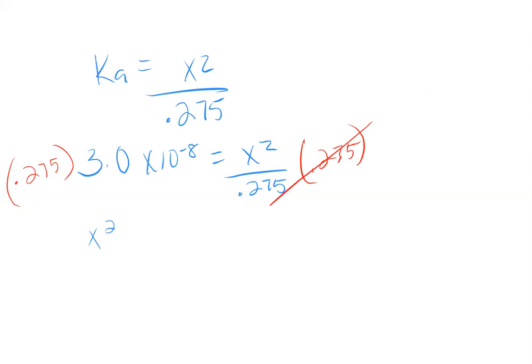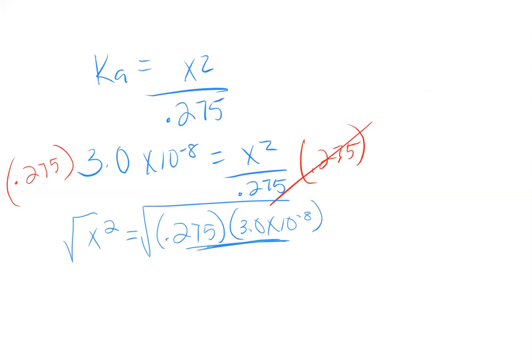We're going to get X squared is equal to the product of 0.275 times 3.0 times 10 to the negative 8. Once you multiply your 0.275 and your 3.0 times 10 to the negative 8, you're going to take the square root of both sides in order to find X. In the calculator, just take the square root.